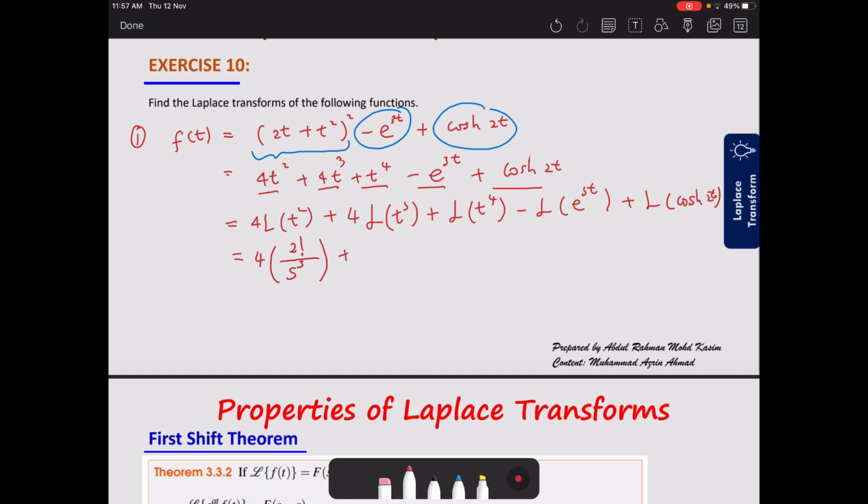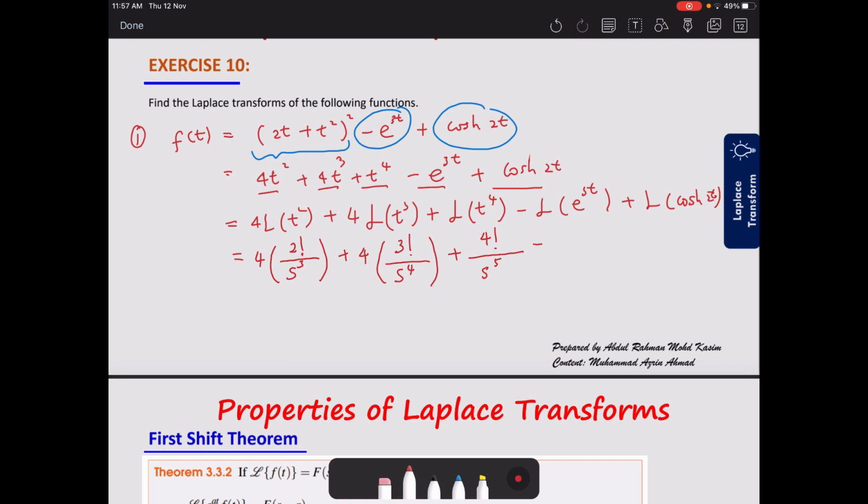What about this one? 4 is a constant, so you will have 3 factorial over s power of 4. And the third one is 4 factorial over s power of 5.